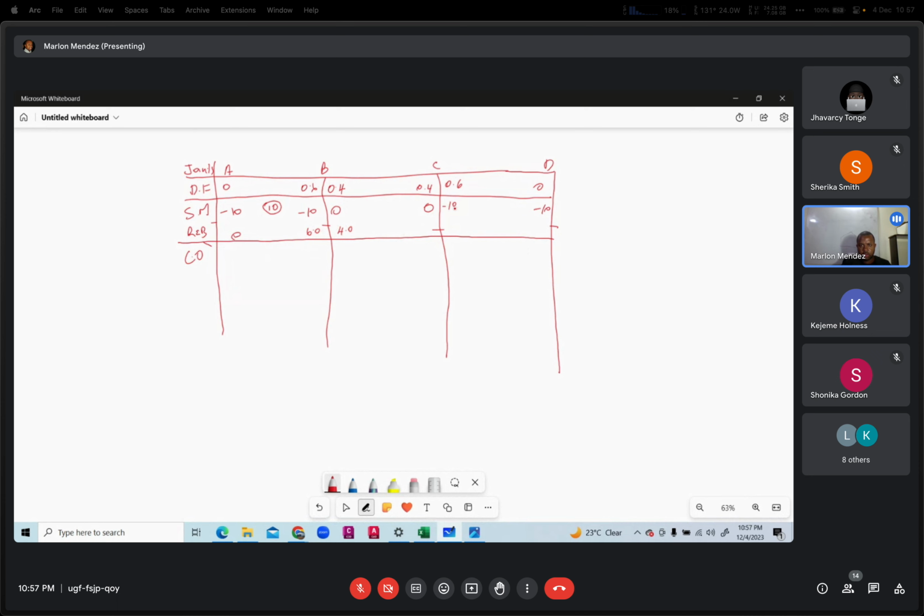So do the same thing here. This becomes 40. This becomes 60. This is 0. So release and carry over this. This becomes what? 3, 0.